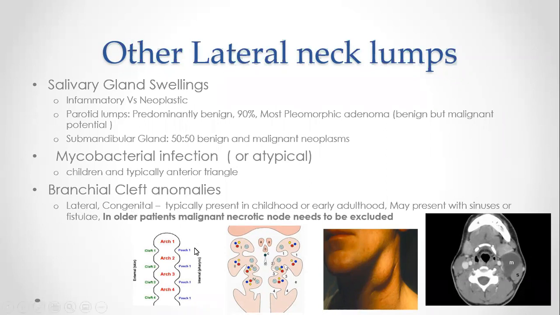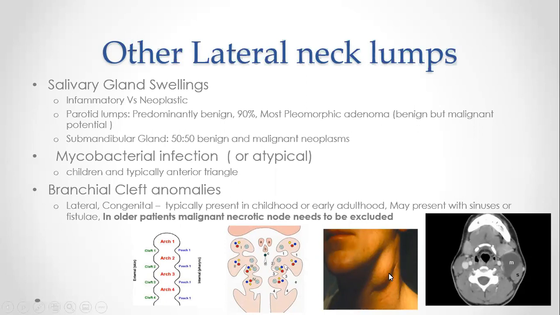Okay. Another lateral swelling can be branchial cysts. These relate to the embryology, the development of the neck. There's the branchial cleft, branchial pouch, and branchial arches. So this diagram shows a cystic swelling in the level 3 area, just in front of the sternocleidomastoid muscle.